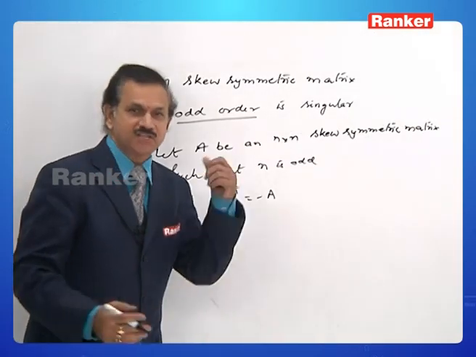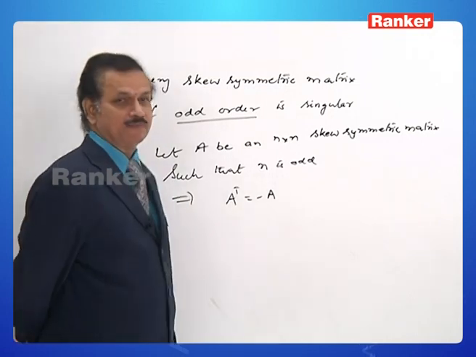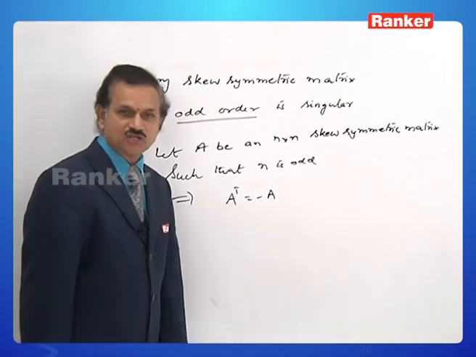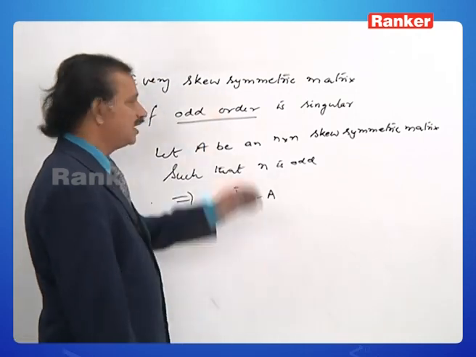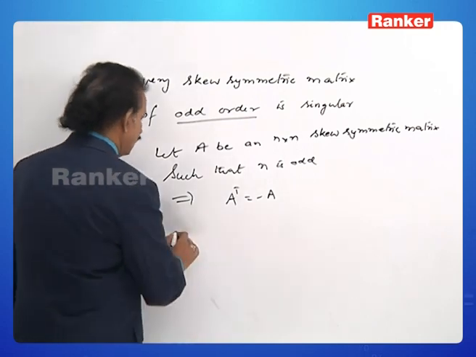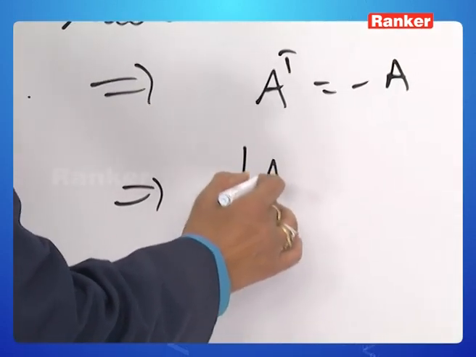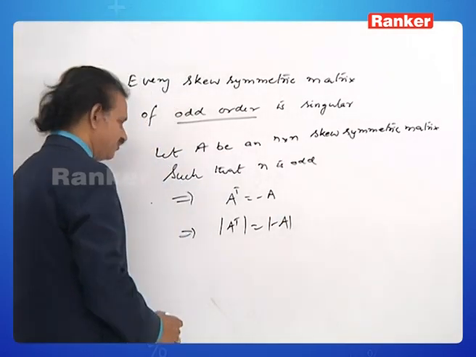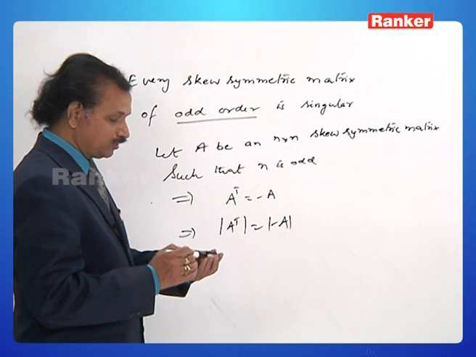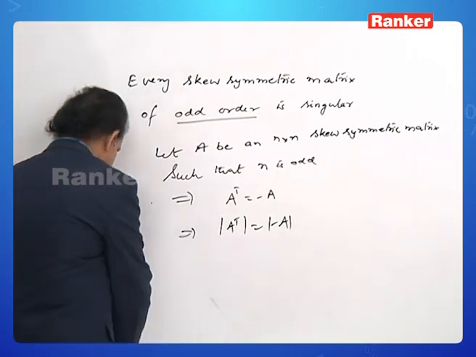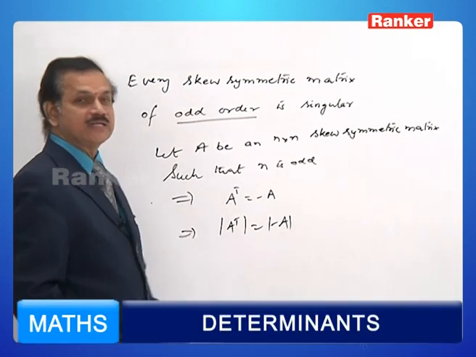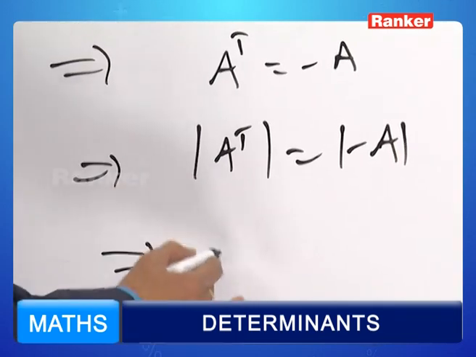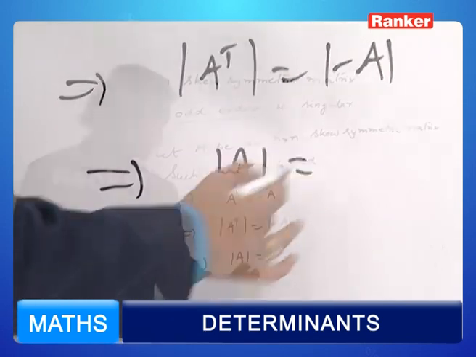From the very definition of skew symmetric matrix, we recognize that A transpose is equal to minus A because A is skew symmetric. Well done. You consider determinant on both the sides. I have just taken the determinant on both the sides. Now you observe what is in the left hand side. In the left hand side it is det A transpose. We know that det A transpose is nothing but det A.